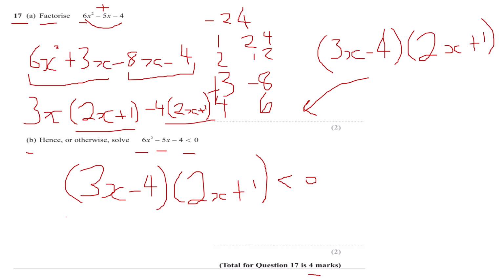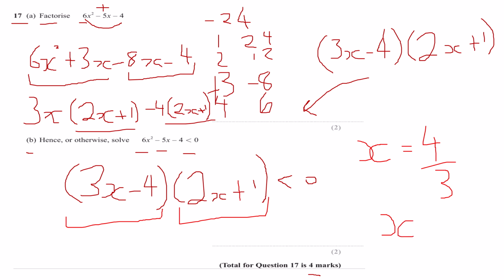When I solve the first bracket, x equals 4 over 3. So we set 3x minus 4 equals 0, add 4 and then divide by 3. Set the second bracket equal to 0, and we get x equals minus a half.